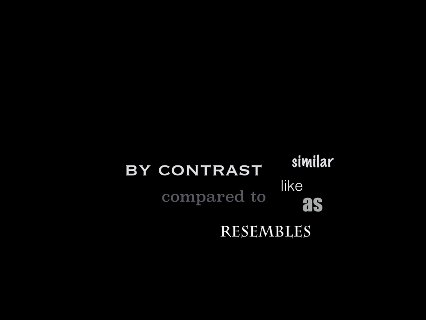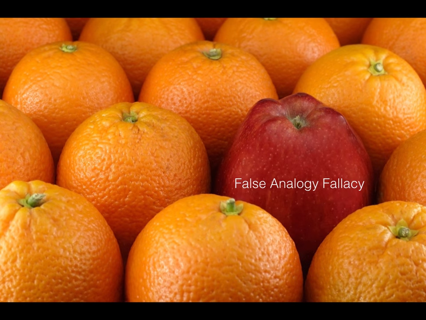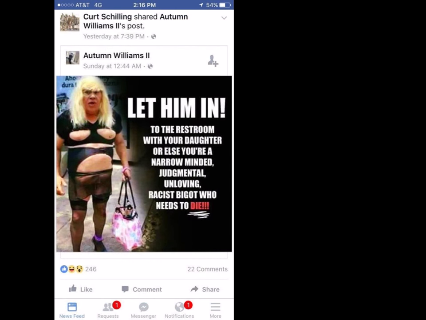The problem with these is that this reasoning becomes fallacious when the analogy does not make the connection. It becomes what's called a false analogy, or what we call the apples to oranges mistake. Somebody made one of these mistakes not too long ago. It was Curt Schilling, ESPN's baseball commentator. He posted a disgusting photo and caption on Facebook in regards to access to public facilities for transgender people.